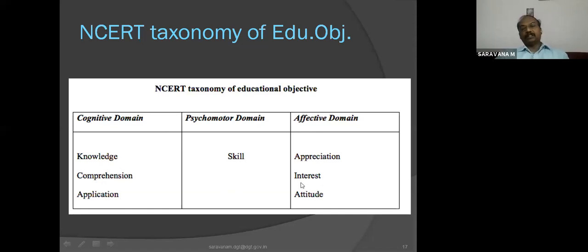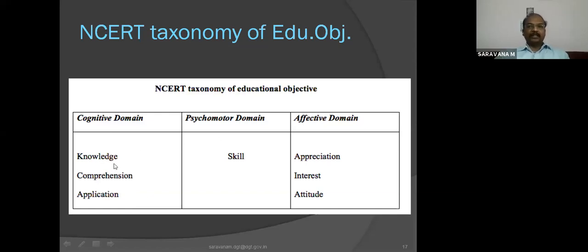These are emotional aspects, that's why they are kept in the affective domain. And skill is physical activity or performance related, job related, that's why it's kept in the psychomotor domain. Knowledge, comprehension, application are related to knowledge, and that's why they are kept in the cognitive domain. So their system follows educational taxonomy, Bloom's taxonomy, in this way.